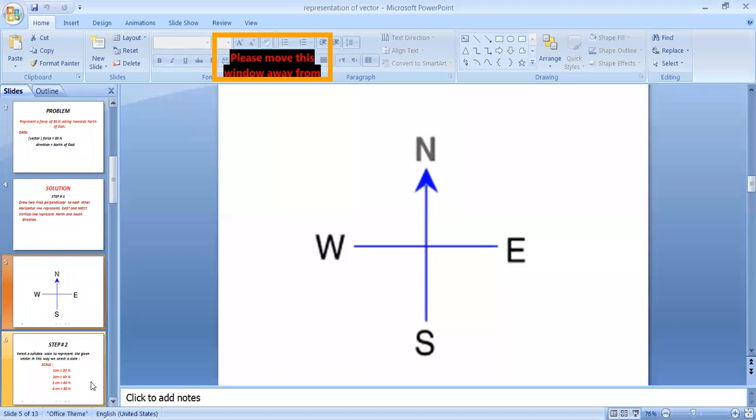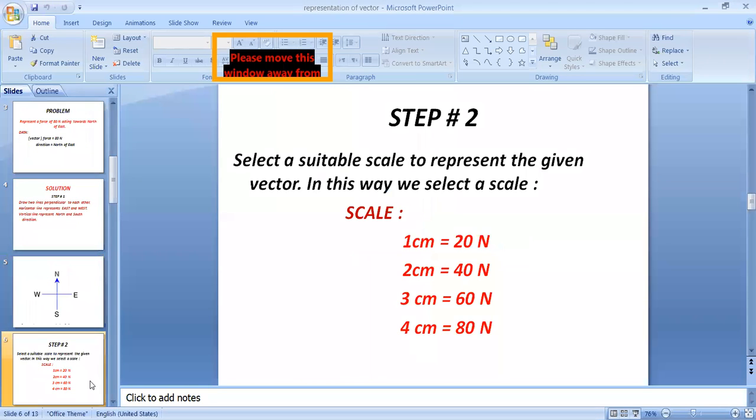Okay. Step number 2. As we have discussed, we cannot draw 80 Newton on a paper directly, so we have to select a suitable scale. Now the question is how to select a scale. Select a suitable scale to represent the given vector.